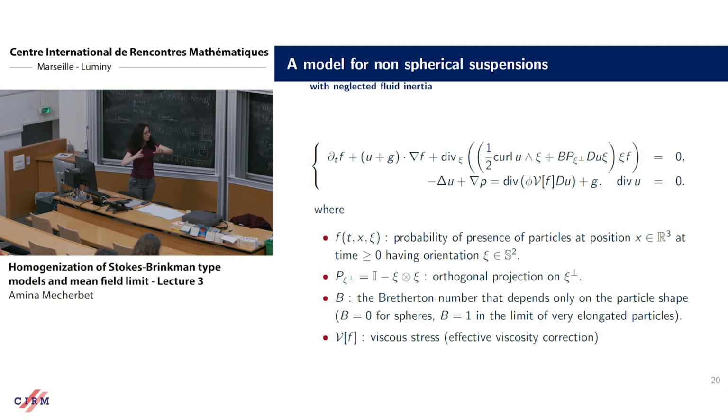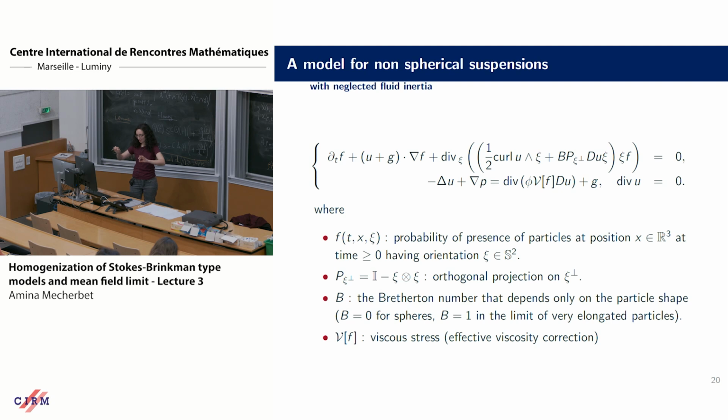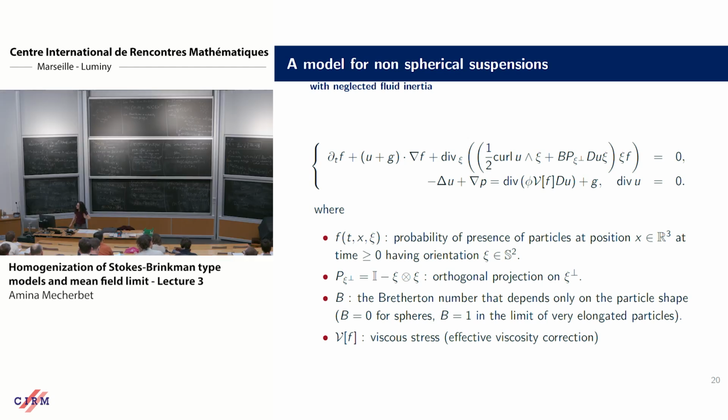So somehow, knowing only the limit of the configuration of the particles does not allow you to derive an accurate system like this. You need to go further and take into account the two-point correlation function between the particles. So I will refer to a recent paper by David Gérard-Varet and Richard Höfer, where they tackle such problems for the Doi system. So maybe I will stop here, and I thank you for your attention.